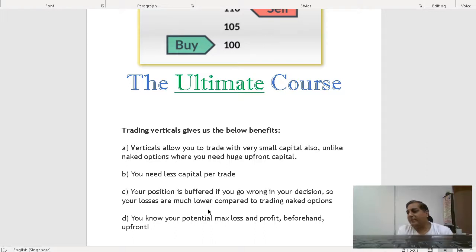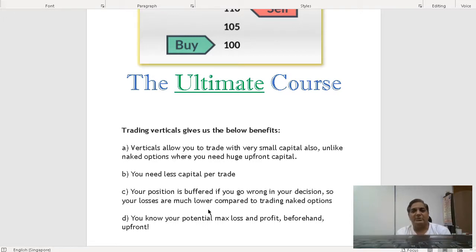The other big thing that has been very helpful for me, at least, is that it really buffers your losses. Instead of losing $3,000 on a trade like in a naked call or put, now your loss is $1,000. So it's much more manageable in that sense. And then with smaller capital, imagine you only have $10,000 in your account.